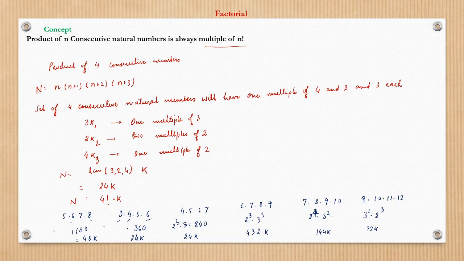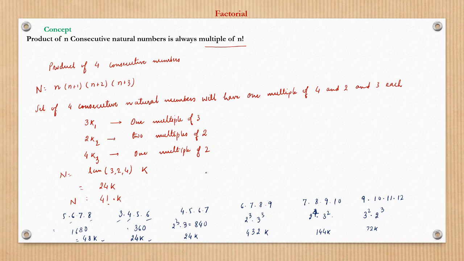I can see that any set of 4 consecutive numbers is at least divisible by 24. Though this is divisible by 48, this one is divisible by 24 only, no further. 48 may not divide this, right? So from here we can conclude that at least 24 will surely divide the product of 4 consecutive numbers.